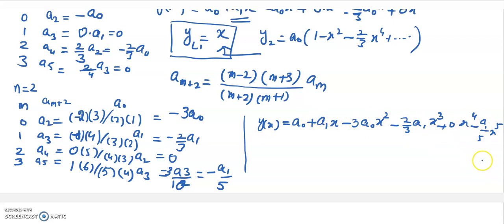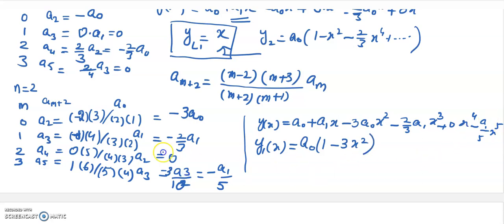Okay, so we can write even more terms, but I think what we want to know is that there are two solutions here. One of the solutions is starting from these even terms, with the a naught, so 1 minus 3 x square, and then plus 0, and likewise the x power 6 will also be 0.